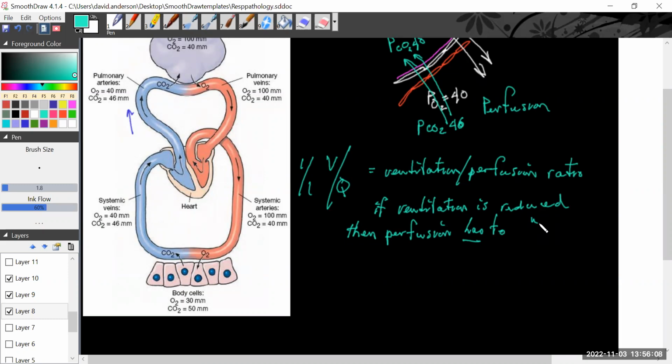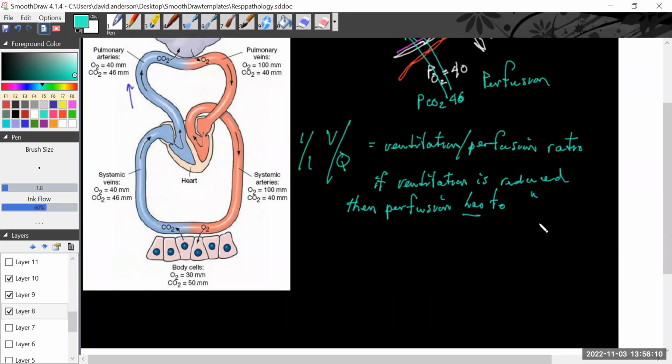So autoregulation, you might be familiar with autoregulation at the tissues. We've talked a little bit about it when we did the cardiovascular system, both in normal anatomy and physiology, but also in pathology. Normally when a tissue is ischemic, it sends local signals, autoregulates, to increase blood flow to that tissue. That makes sense, right?